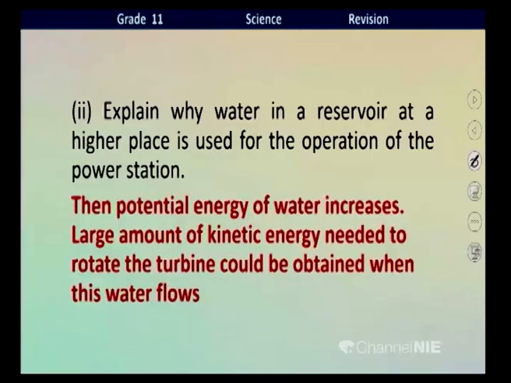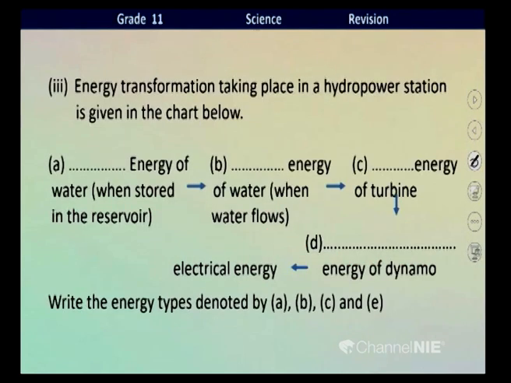Because when water is stored at a higher place, it has high potential energy. This high potential energy converts into a higher kinetic energy when it flows. Then high kinetic energy can be used to rotate turbines effectively and efficiently.